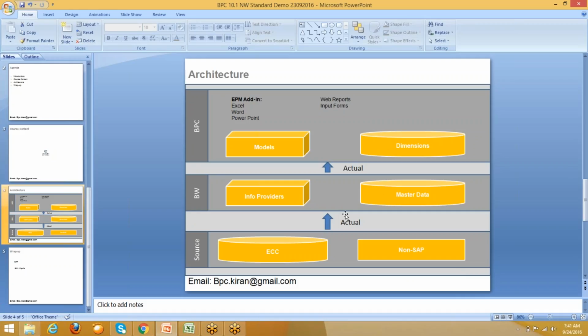No. If that is the case, they have ECC and they have a non-SAP system, Oracle Financials. Correct, this is what you are saying. So this actual data can be loaded to BW.